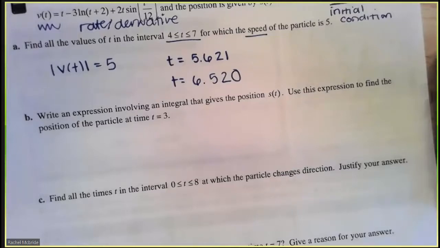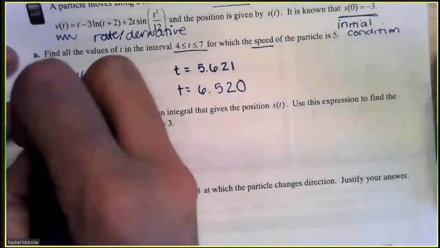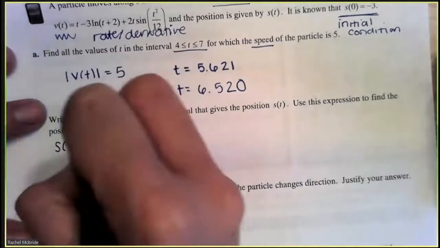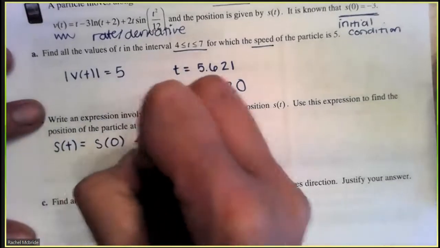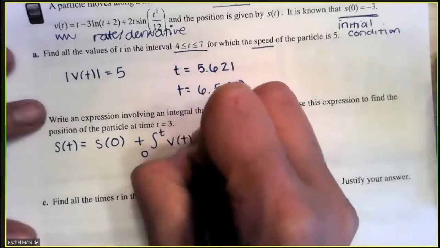So, if I want to write an expression involving an integral, this is the fundamental theorem of calculus, or you could take into account lesson 7-1, which was net change. So final position is s of t. It's equal to initial position, which is s of 0, plus the integral from 0 to t of v of t dt.